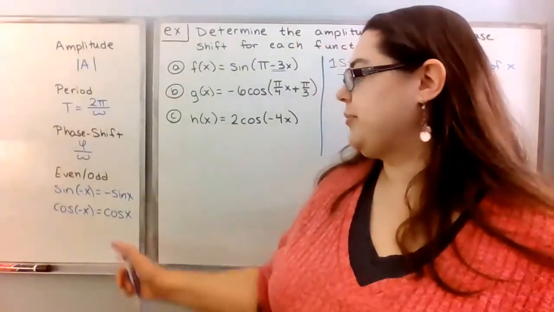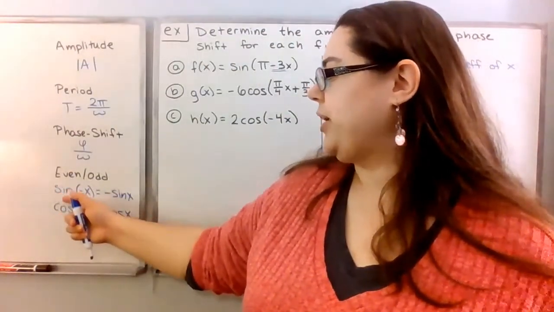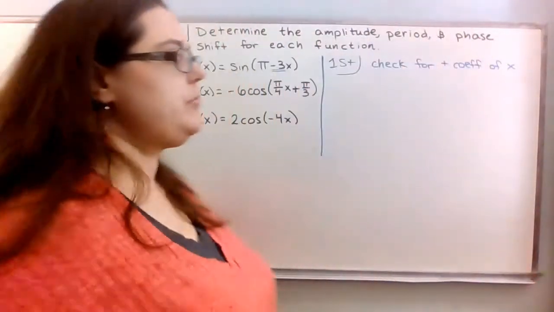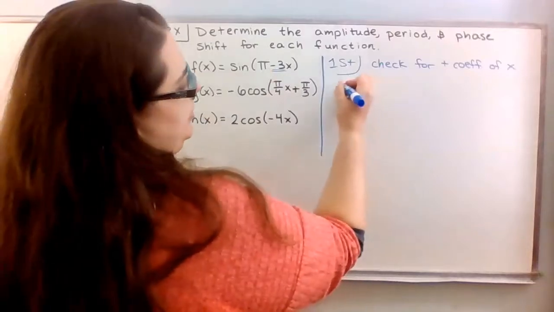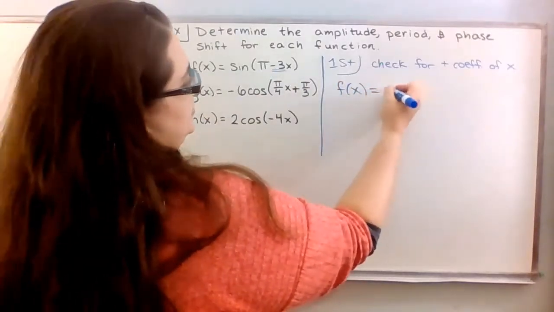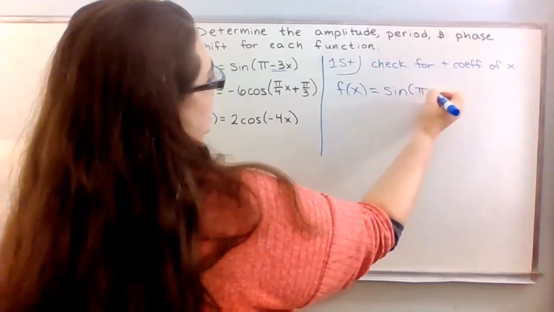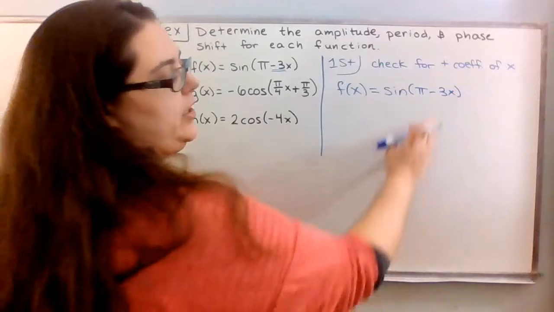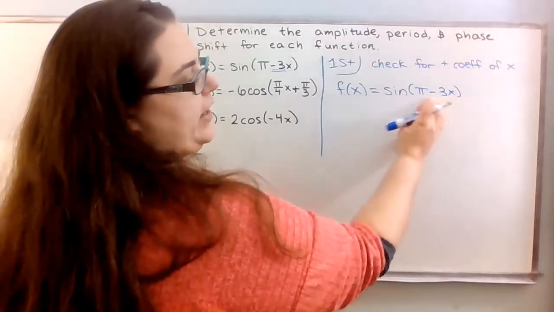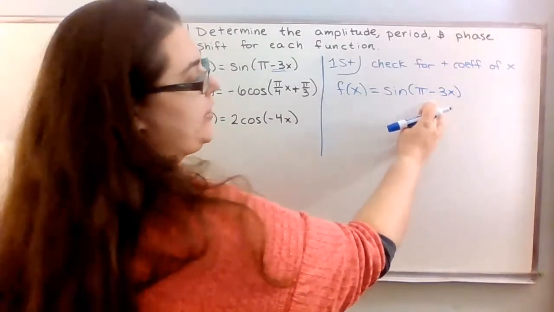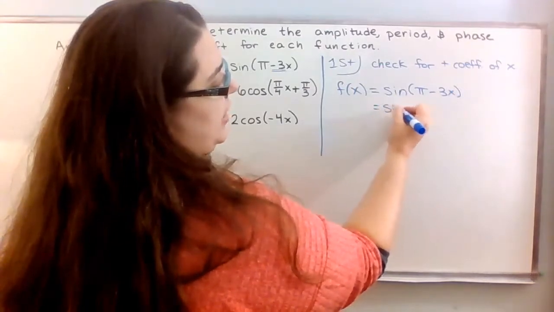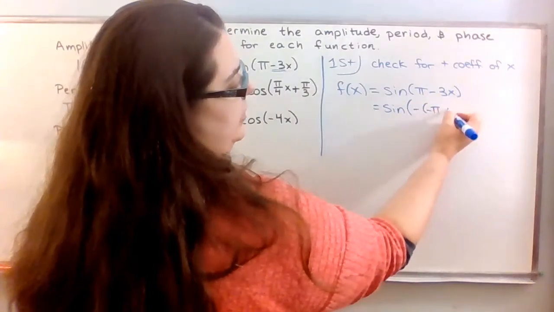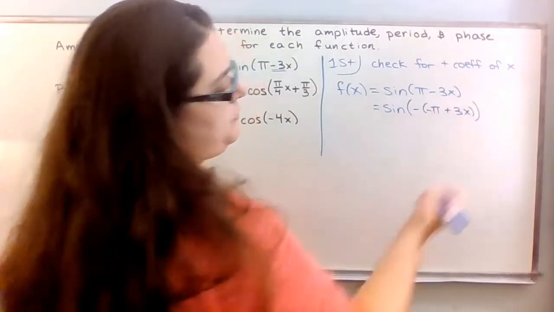So what I'm going to do is apply this even odd property to rewrite it so that I have a positive x. So let's rewrite f of x. f of x is sine of pi minus 3x. In order to get this to be positive, I'm going to factor a -1 out of the parentheses. So that's going to be sine of negative pi plus 3x.